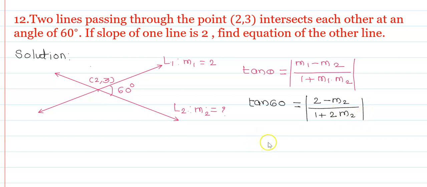Then the value of tan 60 is root 3 and that's equal to mod of 2 minus m2 upon 1 plus 2m2.